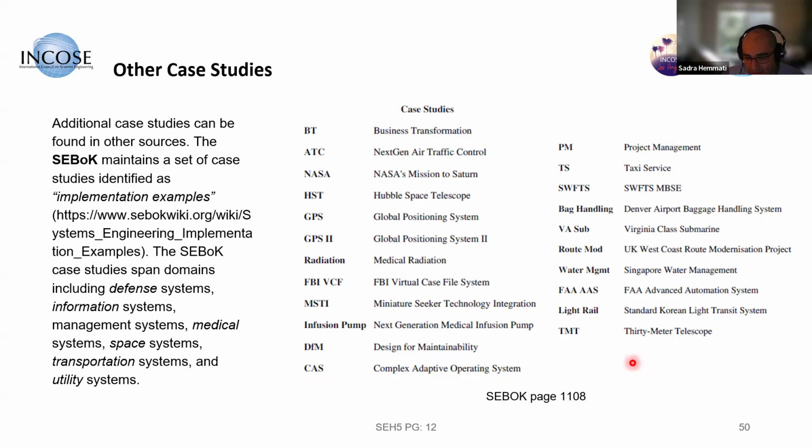So there are only two of the SE Handbook case studies in the CBOC with more elaboration, but there are more: GPS, Hubble Space Telescope, NASA's mission to Saturn, air traffic control, complex adaptive operating system, telescope, all of these things.